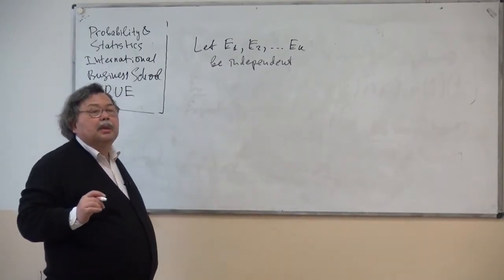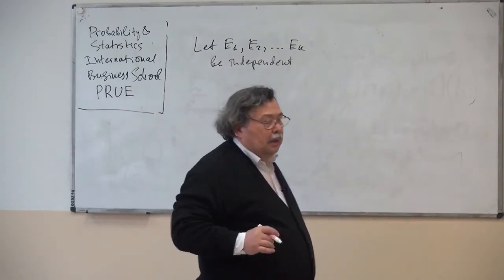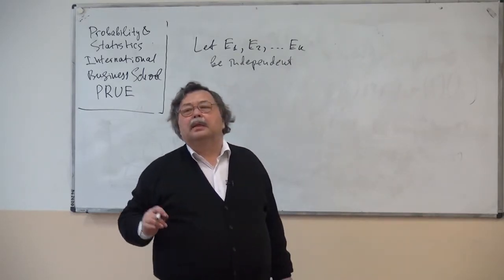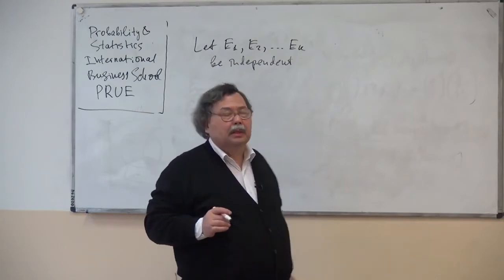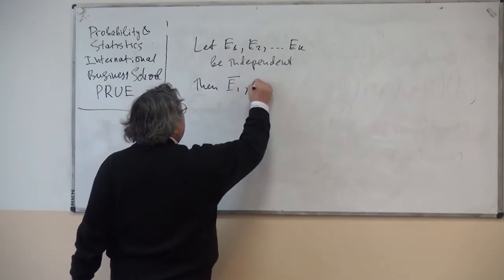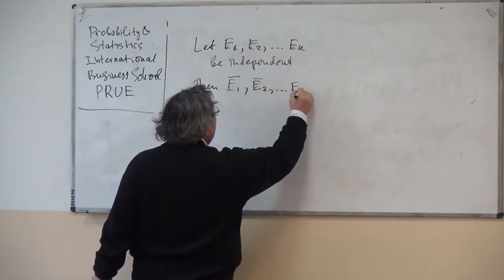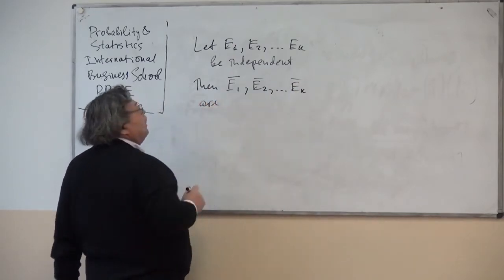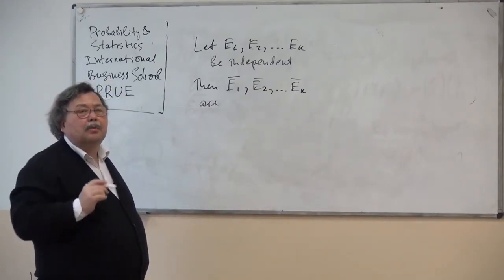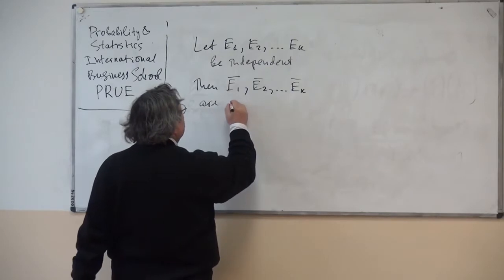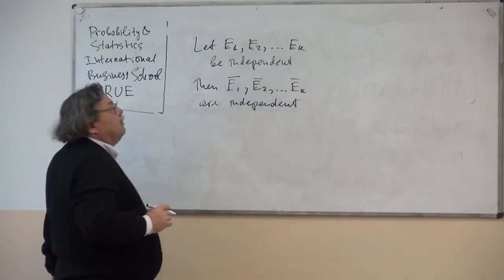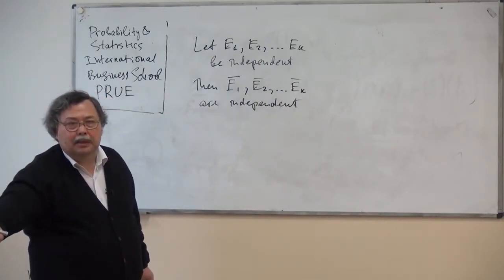Then it can be proved, but I'm not going to discuss a proof here, just trust me, that the complementary events are also independent. We agreed last time to use this notation for complementary events. This horizontal bar put over the letter means complementary event. And the complementary events are also independent in that case.